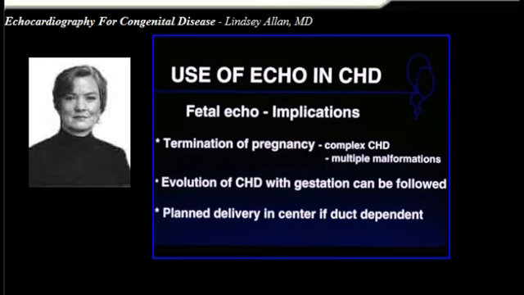Prostaglandins can be started in a controlled way, and surgery can take place expeditiously if necessary. And the other lesions that are important to consider under the heading of important to deliver in a centre are things like the mixing situations, like transposition of the great arteries or total anomalous pulmonary venous return. So these are the kind of lesions where we want to deliver them within a cardiac centre.